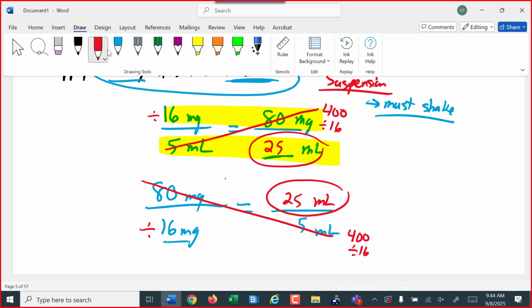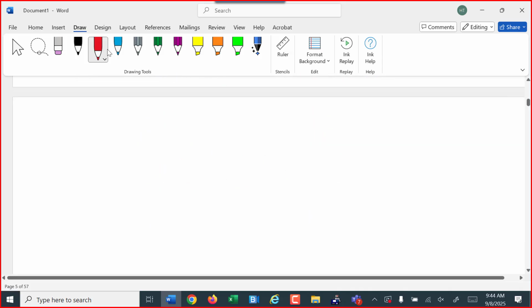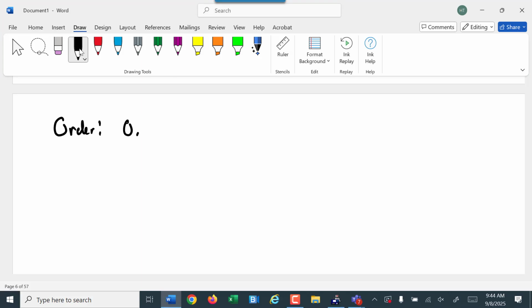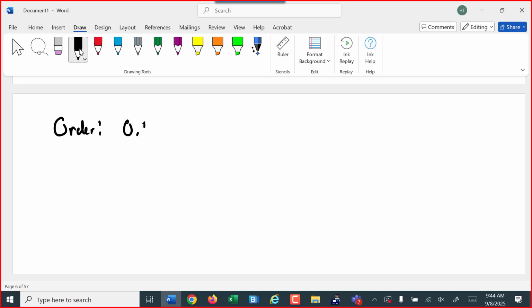One of the weaknesses, however, of the proportion comes similar to with the dosage formula if the doctor's order is not in the same unit as what's on the label. So for example, let's say we have an order for 0.125 milligrams of Synthroid.